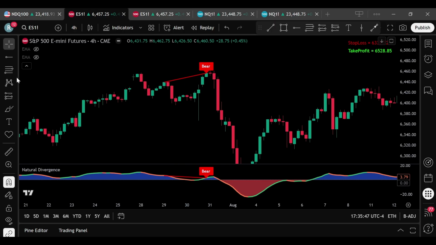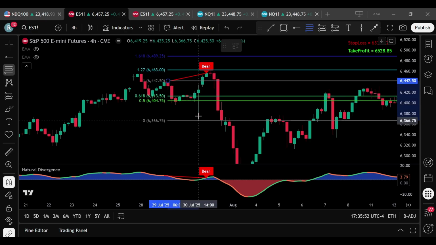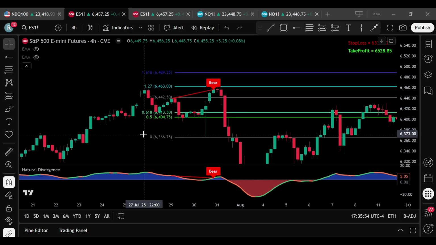But you can also use them to add extra levels to find zones to trade from. Specifically, I like to use the 1.27 to the 1.68. You find your range: we have the most recent high to the low created. So that's our range.